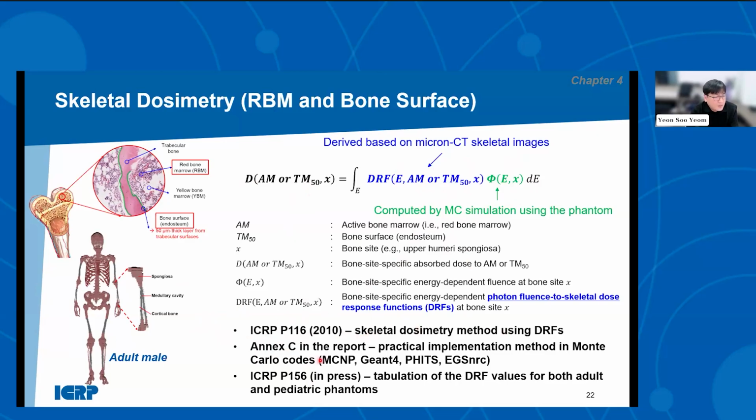And please also see Annex C in this report, so you can see how the skeletal dosimetry is practically implemented in different Monte Carlo codes. These DRF values are not tabulated in this report, but are already tabulated in Publication 145. So these are key references for skeletal dosimetry you can check.